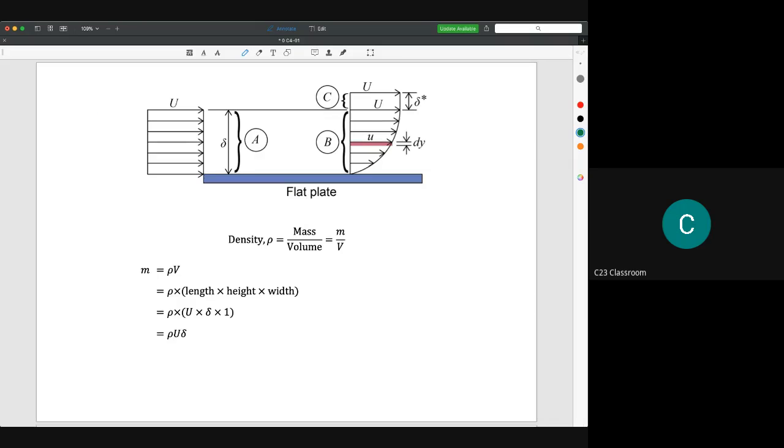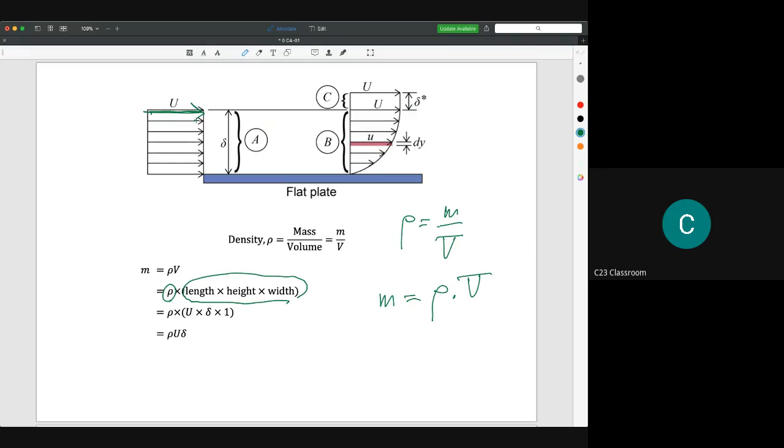So we know that density is mass over volume. Then to calculate the mass is rho times volume. So we have mass here, and we have density here, and we could calculate the volume. So the volume here is length times height times width. We could assume that the length is actually capital U here.